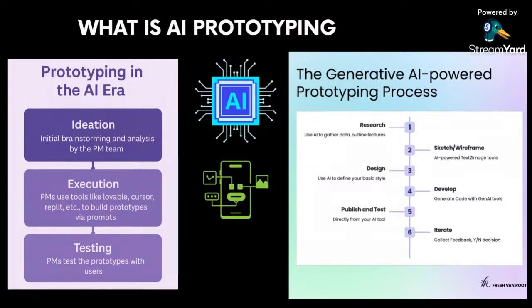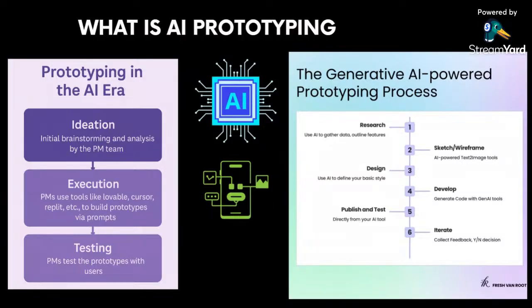Design: use AI to define your basic style. In ChatGPT, you have to tell what the style of your website or product is going to be. Is it going to be a website or an app, or what's the design of it going to be? You can give a lot of references for it to understand.